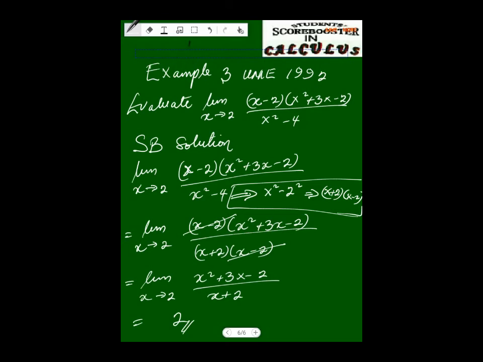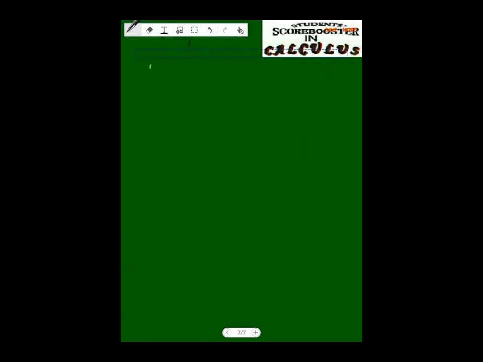Now with 3 examples, I hope you will be able to attack any question that comes in JAMB. So what I'm going to do now is to give you some exercises to work with.